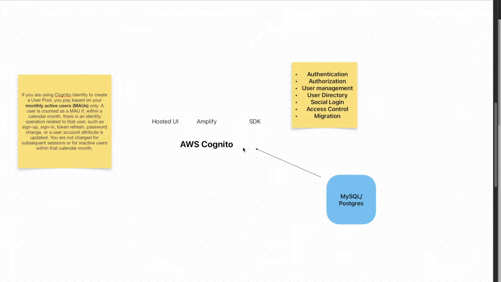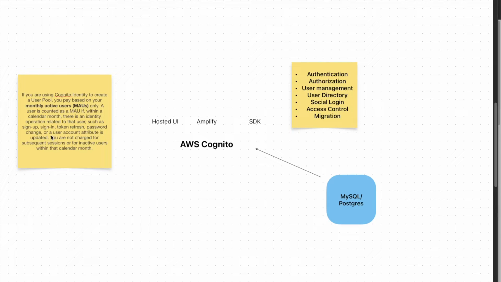Now as per the payment, Amazon Web Services charges for Cognito on the basis of MAUs, that is, monthly active users. If a user performs some operation like sign in, token refresh or password change, that user will be counted as a monthly active user, and Cognito bills on that basis.